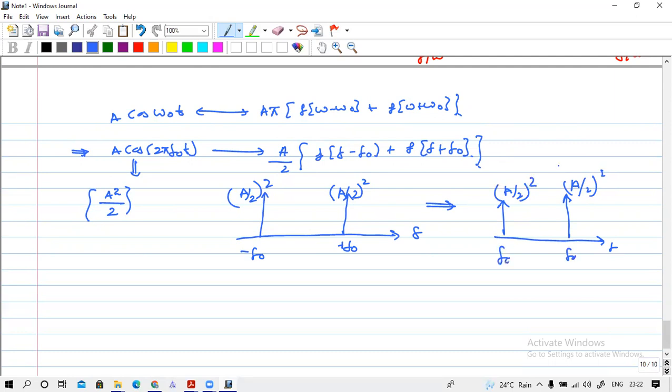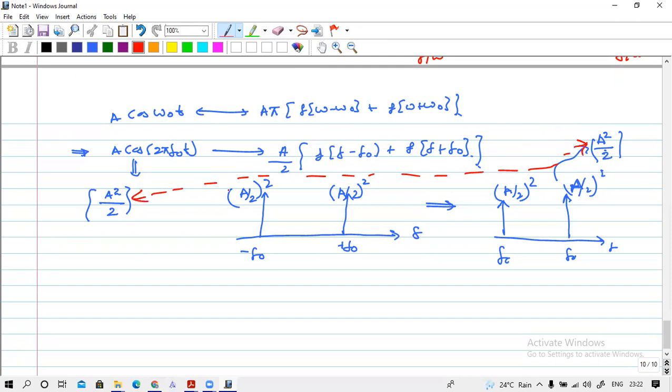To find the total power of the signal, we have to add these two powers. So we get A²/4 plus A²/4, which is A²/2, and you can see that it is equal to this. So it is correct.